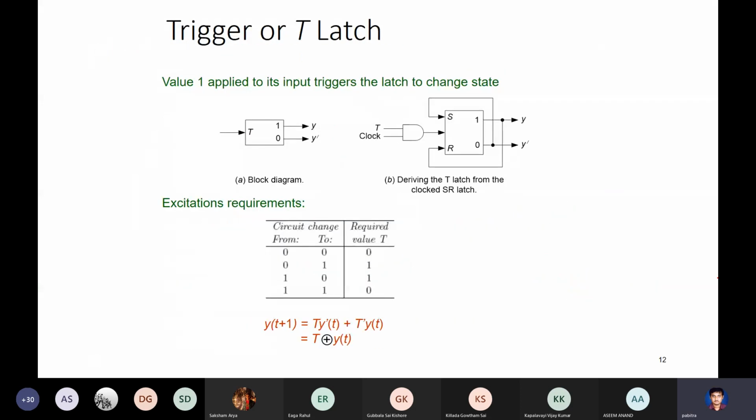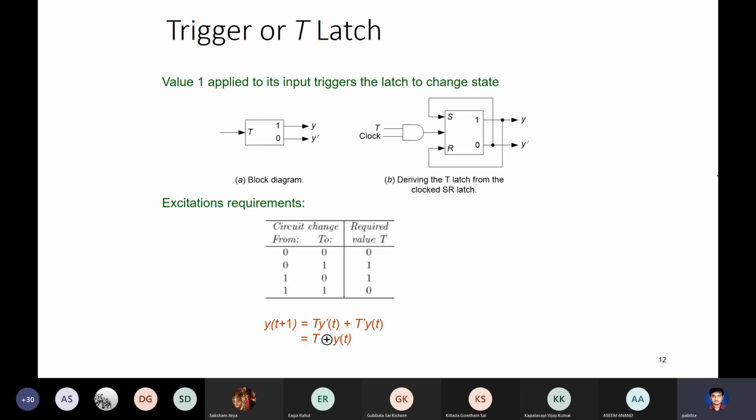Now you see that this basic SR flip-flop, I can again add some additional features to convert it into other behavior that I might require.